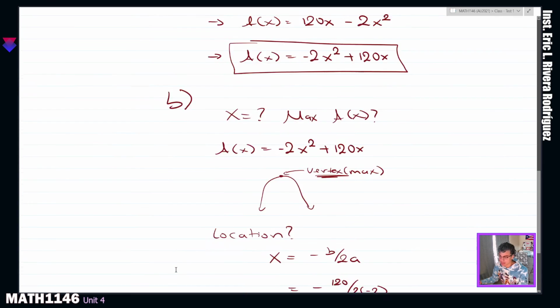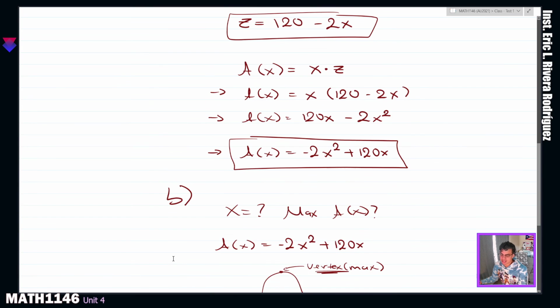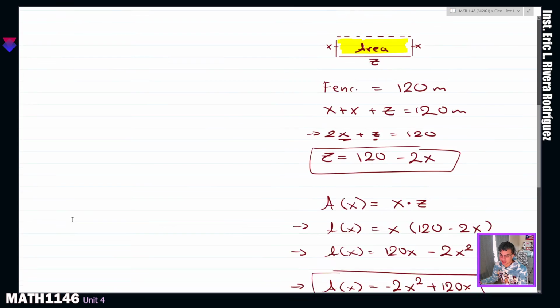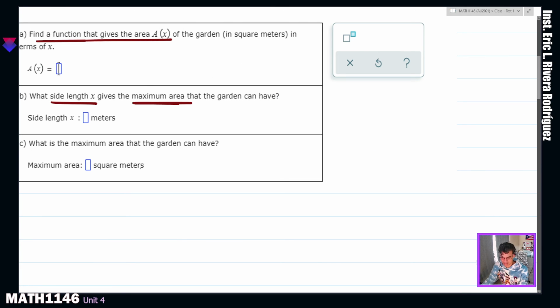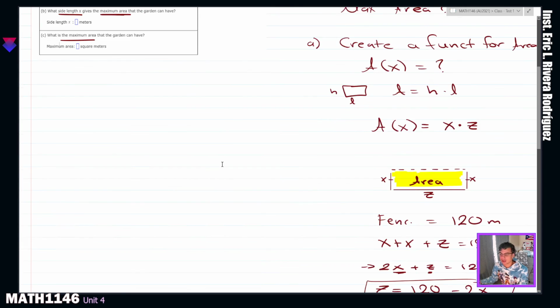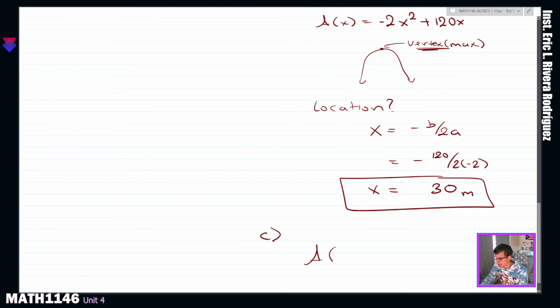Well, now that we know the location of the vertex, the side x length that gives the maximum area, what we need to answer is, what is the actual maximum area? We go here, we have an equation for the area. We know the input value to get the maximum, and then this is just 120.